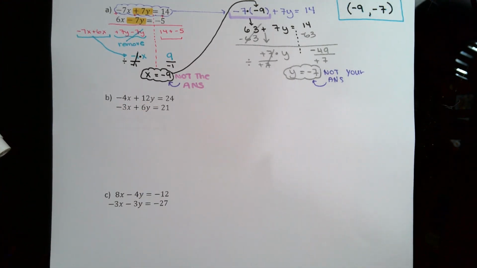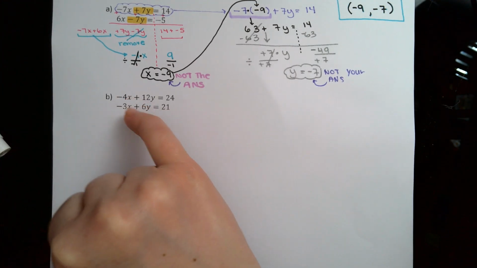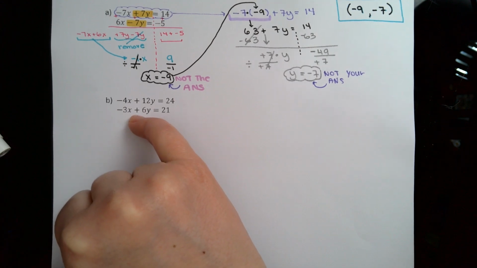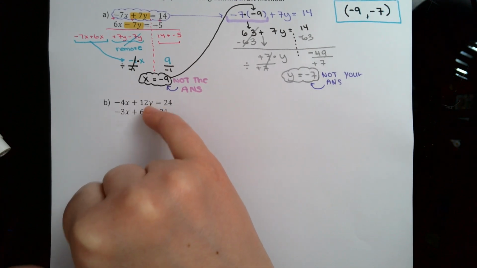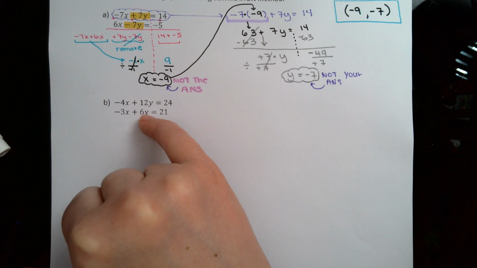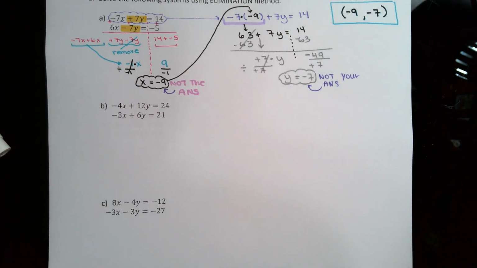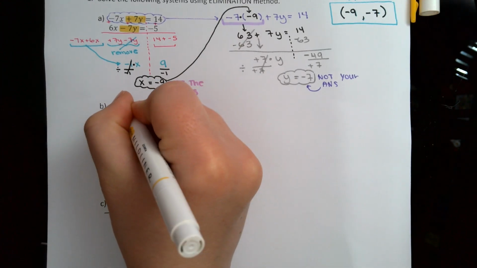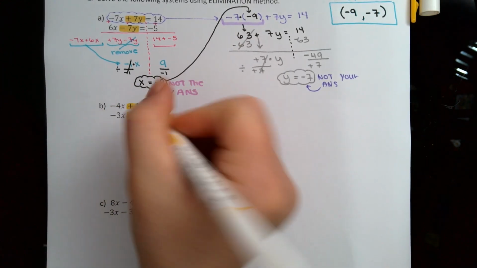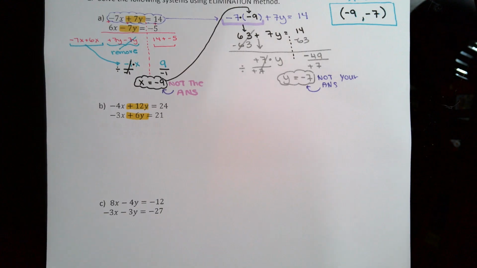But which one looks like it's easier to eliminate? 4 and 3, yes, they do have something in common, 12. But if I do 12 and 6, I only need to multiply one of them. So I'm going to choose 12 and 6. So I'm going to choose the letter y to eliminate. So positive 12, positive 6. y is my choosing.